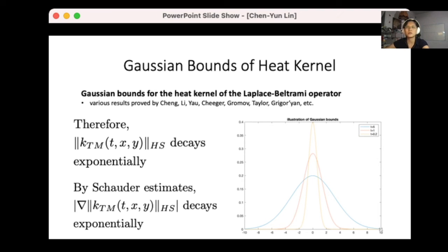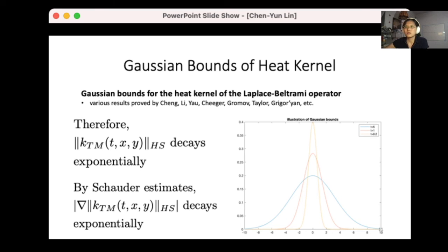There are a bunch of results under different conditions, and you have a Gaussian bound, exponential decay, and with curvature conditions you can see even more. Here again, I'm just listing some work done by some people. I'm not going to go through the names.